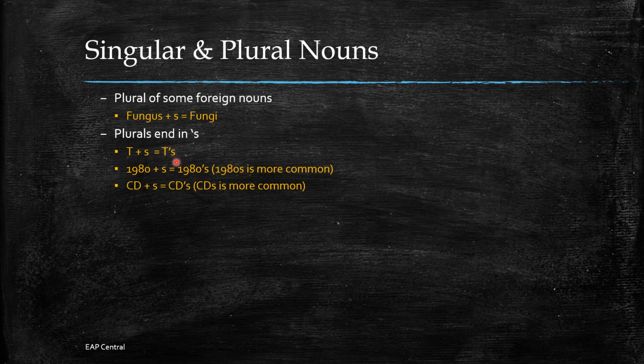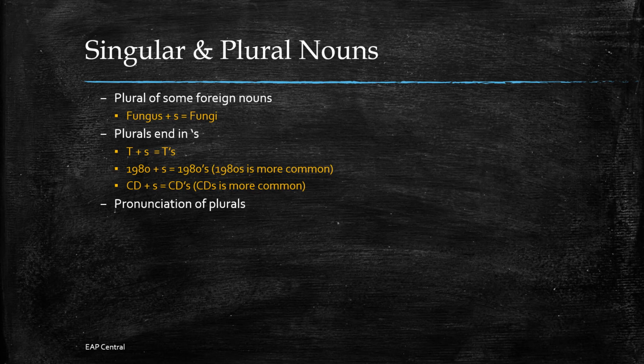But if you see any apostrophes there, it means that it is a plural form of an abbreviation or alphabet letters or dates, like 1980s.